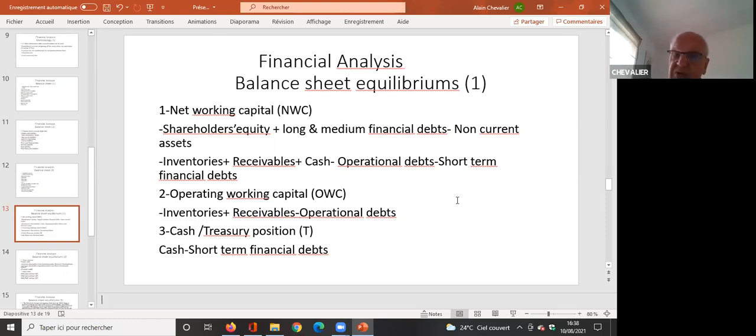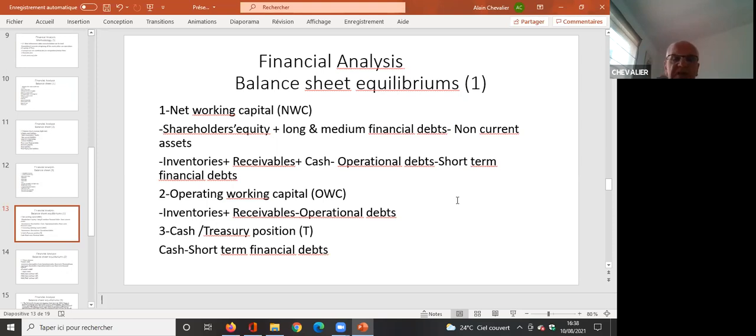So the operating working capital, when it is positive, is very often financed partly by the net working capital, which is the excess of long-term resources on the investment level, but is also partly financed by short-term loans coming from the banks.